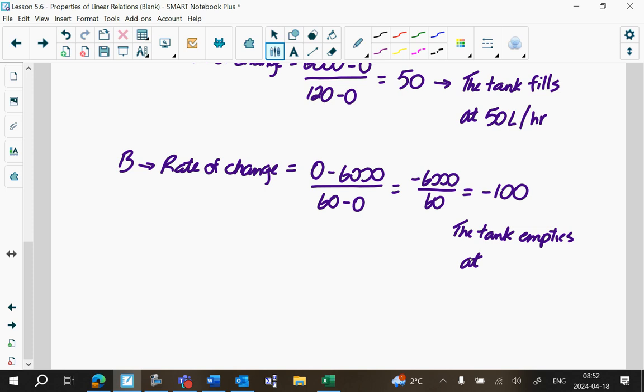Right. You don't put negative 100. Why? Because this word empties means negative. If you said the tank empties at negative 100, well, technically it's emptying at a negative rate, which means it's increasing. And you can see how confusing things get.